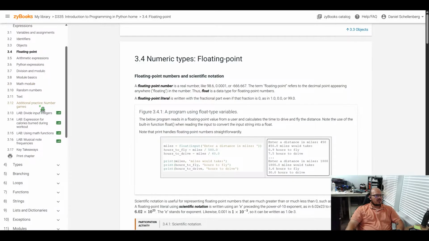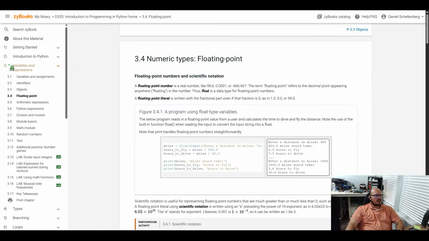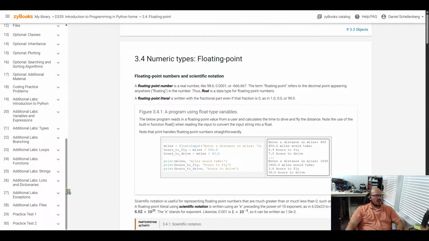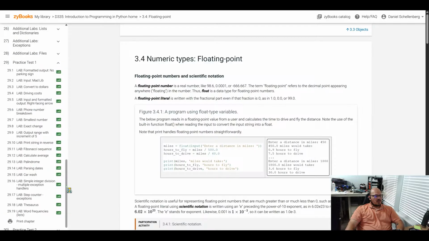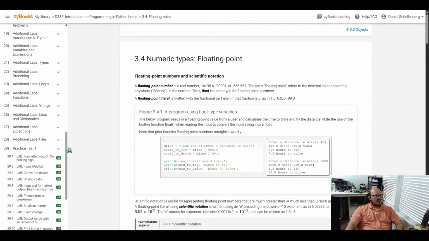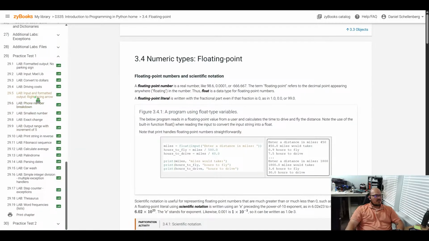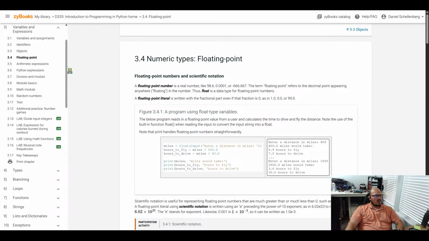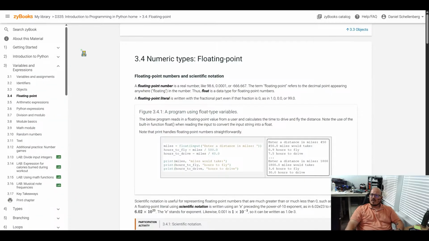I'll probably finish the rest of section 3 on variables and expressions, and then go back to the practice test, which I believe we got to either 29.5 or 29.6, something like that. Either way, we'll go back and do the practice tests.